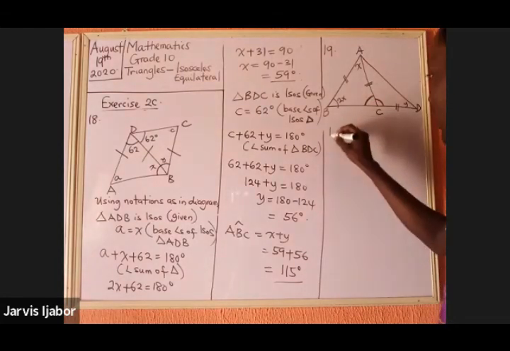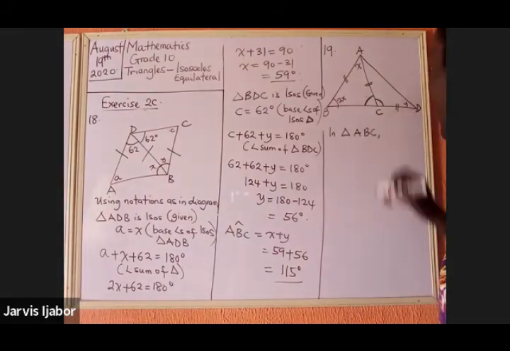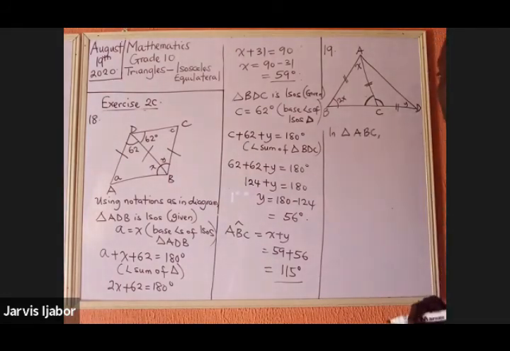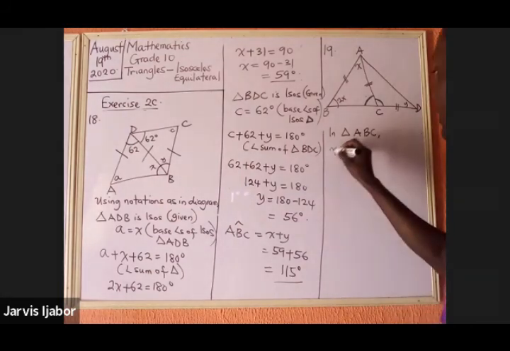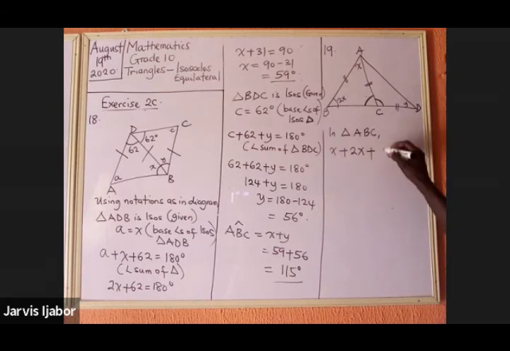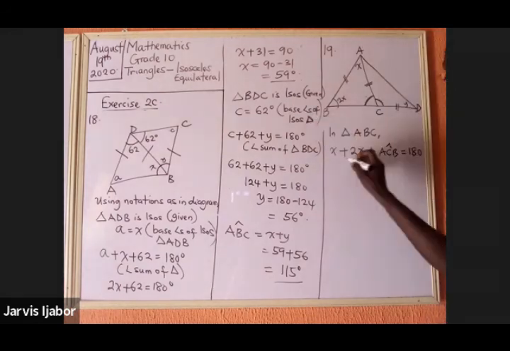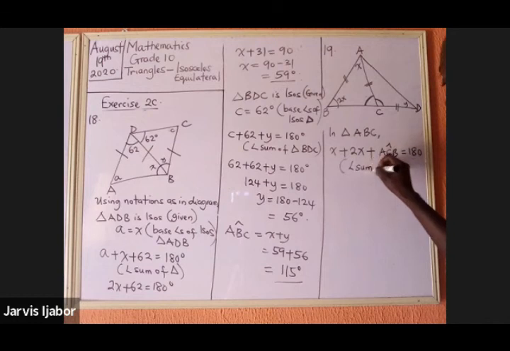In triangle ABC, x plus 2x plus ACB is equal to 180 degrees. What's the angle sum of triangle?